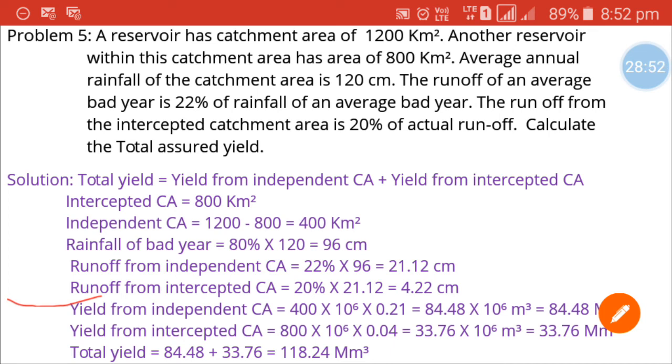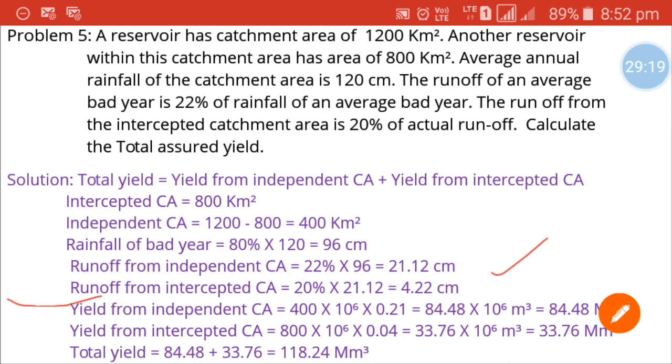You convert it into meter, that is 0.21, and if you do this calculation we will get a big figure, 84.48 into 10 to the power 6 cubic meters. Again we have to convert into the required unit of million cubic meter by dividing this value by 10 to the power 6, and therefore we get the value as equal to 84.48 million cubic meters.